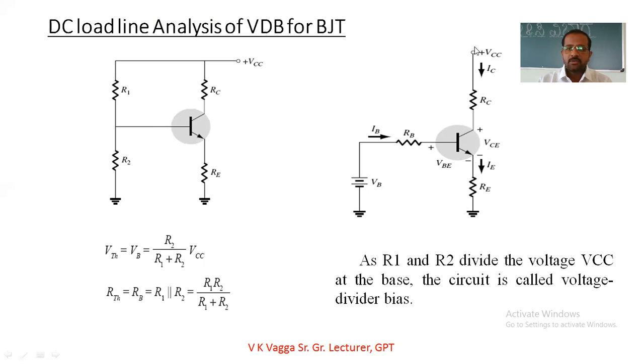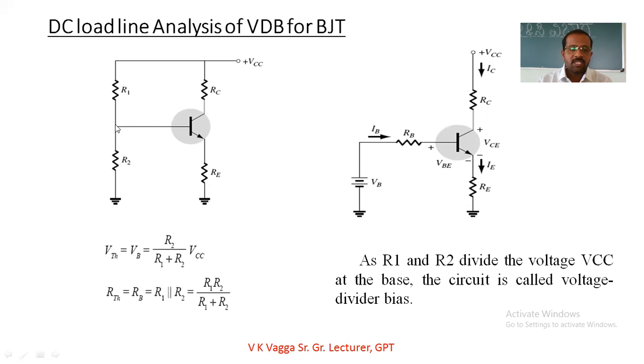VCC is connected to RC, which goes to the collector terminal, and from the emitter terminal RE is connected, with the other end connected to the ground. This part remains the same. Only R1 and R2 have been simplified, replaced with this formula.